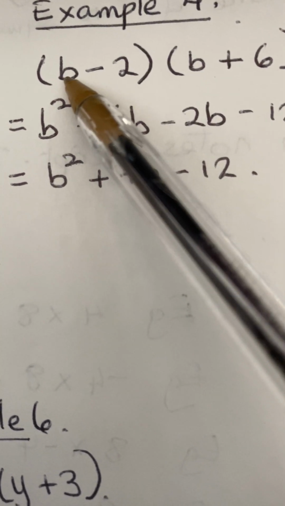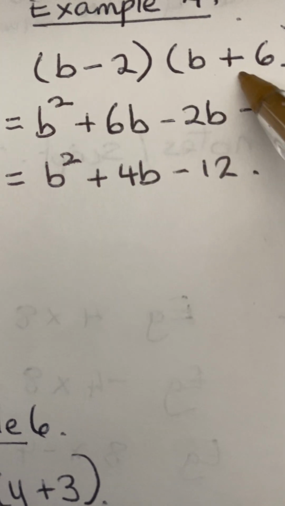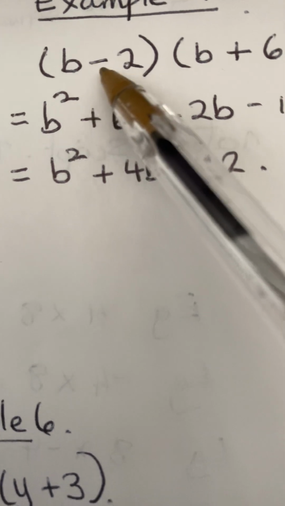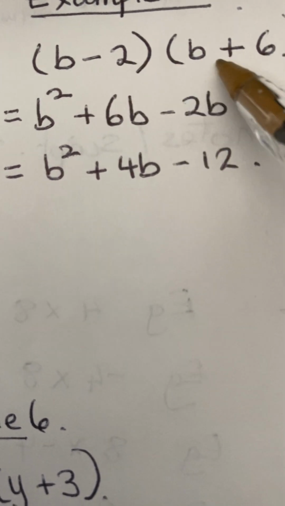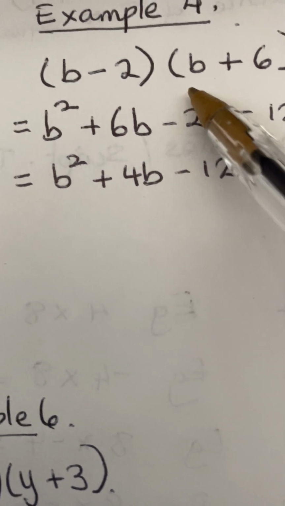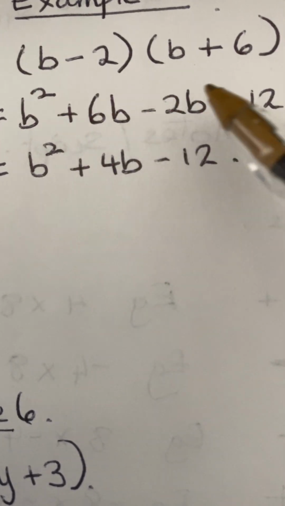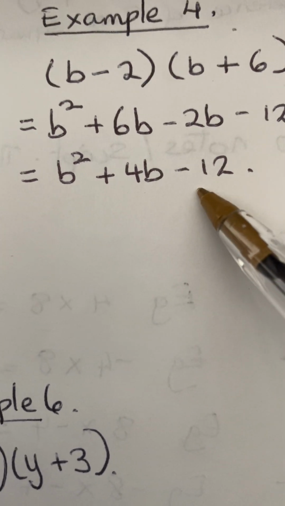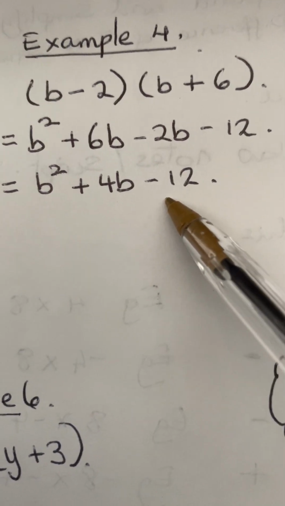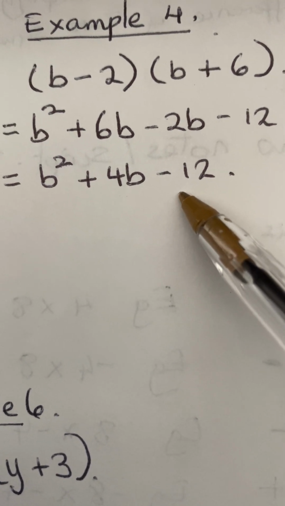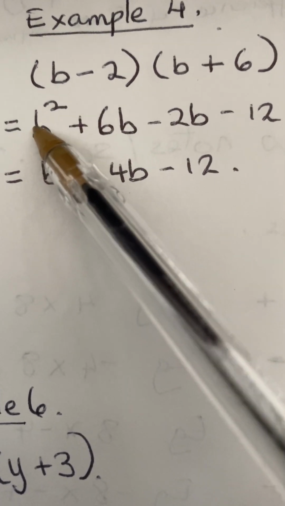First we multiply the whole of this with B, and then we multiply minus 2 with everything in this bracket. When we finish, we bring like terms together and then we simplify. So this is also an example of expand and simplify. So let's look at the expansion.